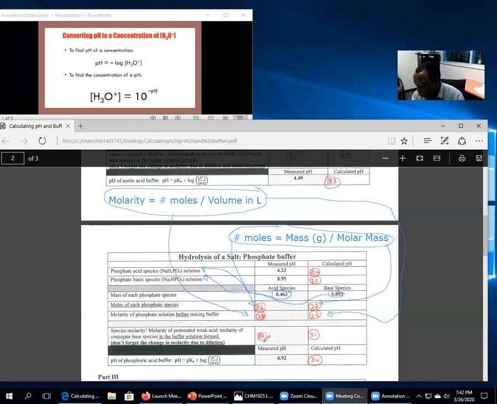Part D states that, as you did above, you want to create 60 ml of buffer solution from 2 solutions. So that means we want to do what? Make a buffer solution with a total volume of 60 ml.